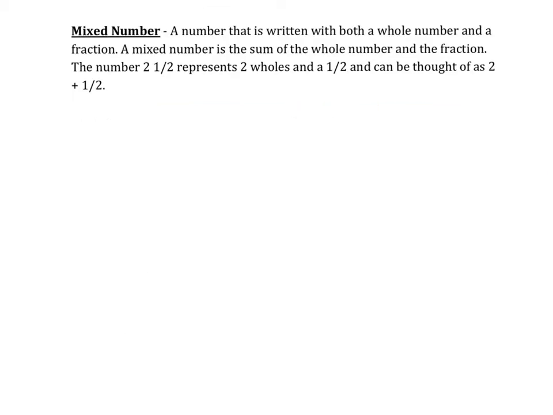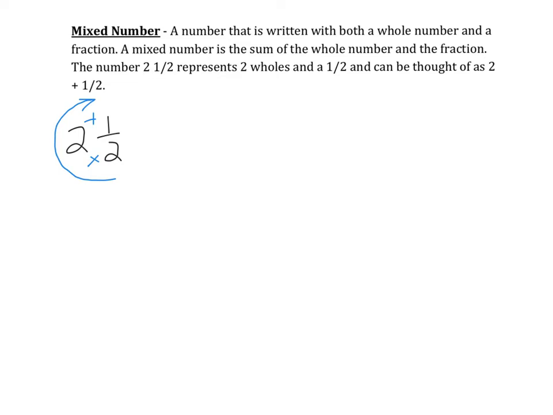What else should I know? I should know that a mixed number is a number that's written as both a whole number and a fraction. For instance, 2 1/2 is a mixed number. One way I like to explain how to solve these is I draw a half of a circle with an arrow that tells me what operations or what direction to go, and I like to say 2 times 2 plus the numerator.